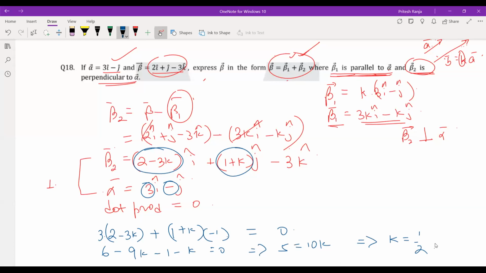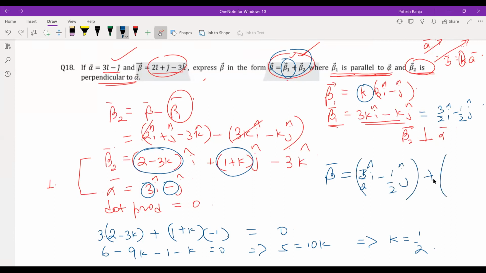So once we have got k as 1 by 2, we will put it here, and we will get beta 1 vector, so 3 by 2 i cap minus 1 by 2 j cap. Now we can write beta vector as beta 1 vector, that is 3 by 2 i cap minus 1 by 2 j cap, and then plus beta 2 vector.